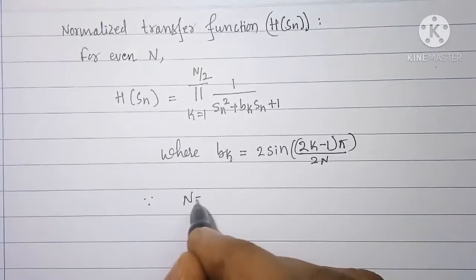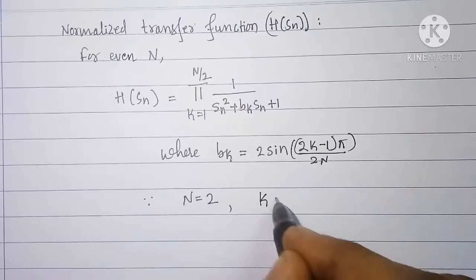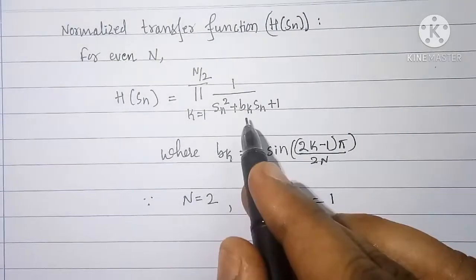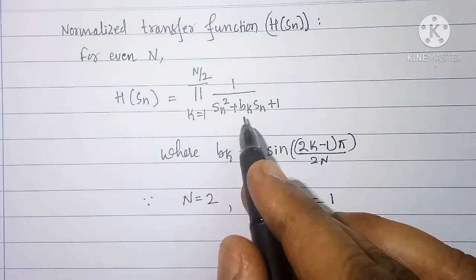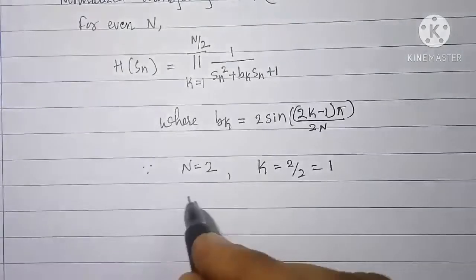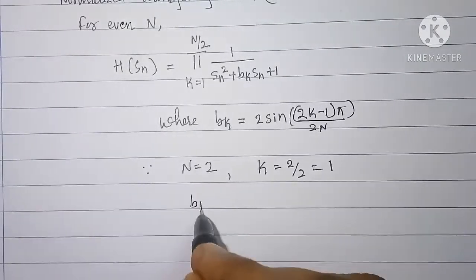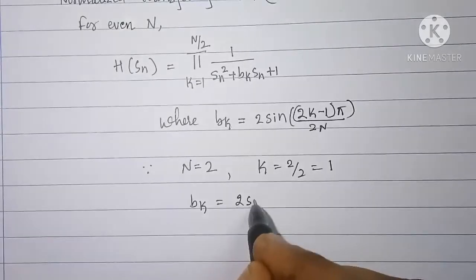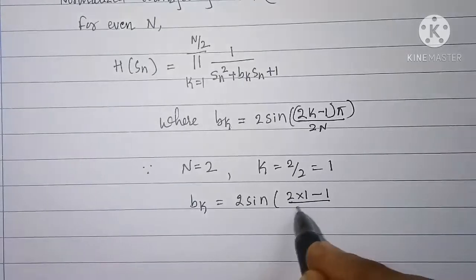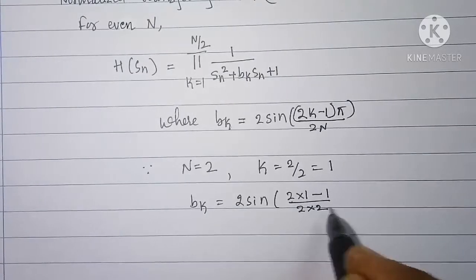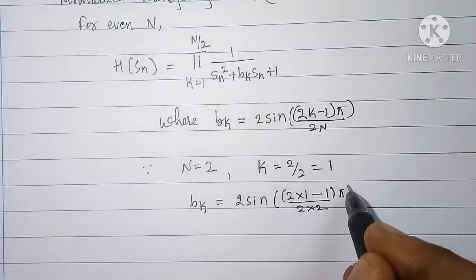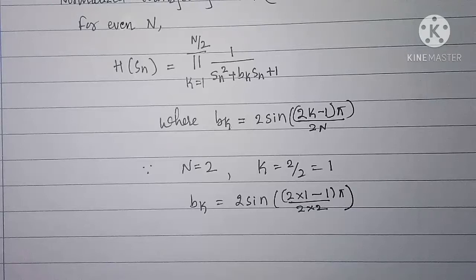Since n is equal to 2, k is equal to 2 by 2, that is equal to 1, which means that there will be only one term in H of Sn. And bk is equal to 2 times sine of (2 into 1 minus 1) upon (2 into 2) into pi.